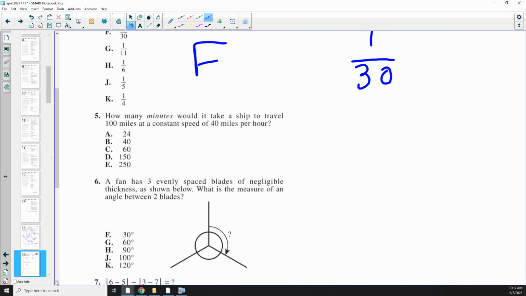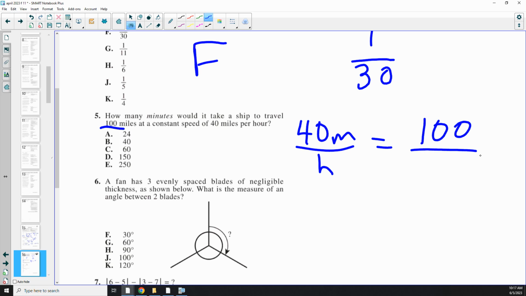So what are we traveling at? We're traveling at 40 miles per hour, and we want to convert that into minutes. Minutes would mean if we go 40 miles an hour and we want to travel 100 miles, well, that would be 100 over x, with this being 40 miles in 1 hour, and we want it to be 100 miles in x hours.